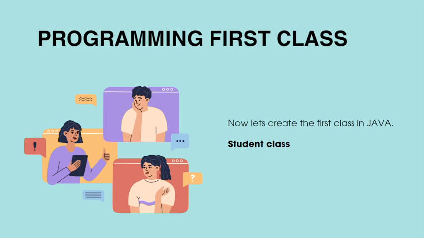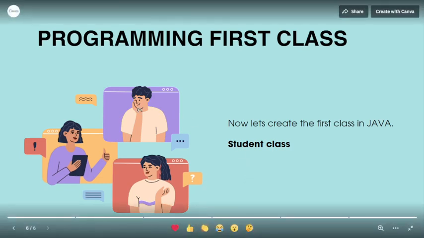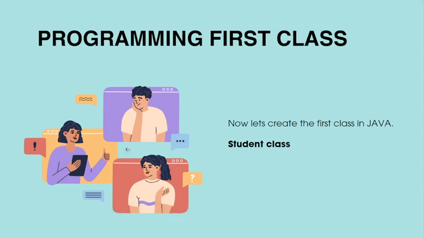So now let's start our programming using these OOP concepts. Let's start with a student class. We can create the first class in Java as Student. So student is the blueprint or the template. You can see 3 students on the screen.